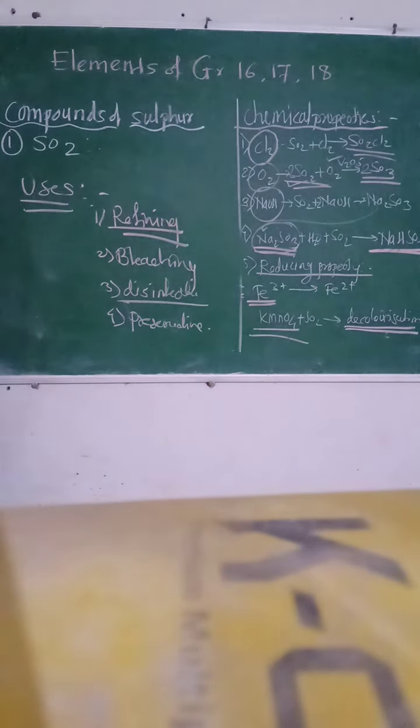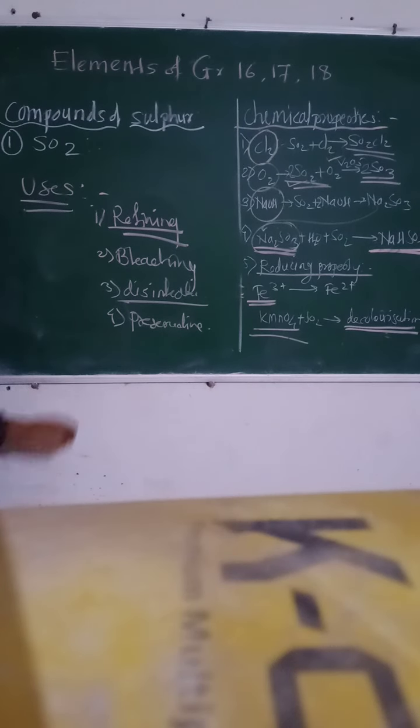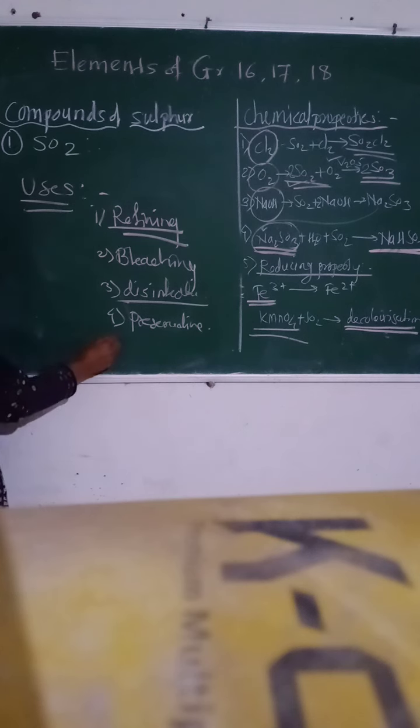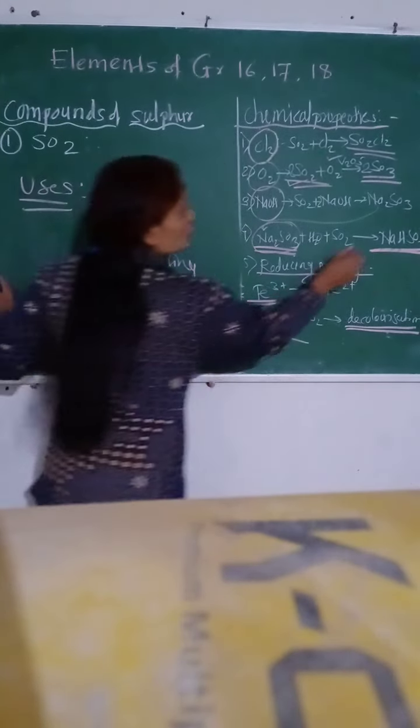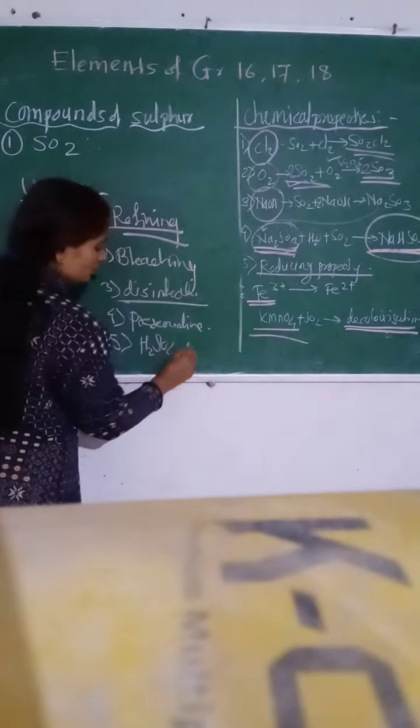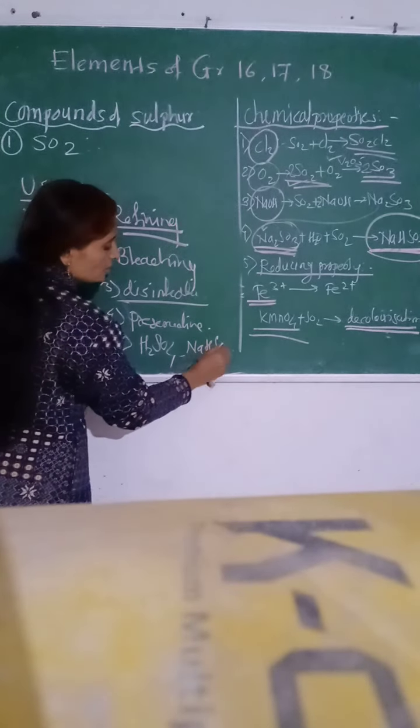Means the uses of sulfur dioxide are in refining of petroleum and sugars, then bleaching of wool and silk, then as a disinfectant in anti-chlor, then as a preservative, and also in manufacture of H2SO4 or sodium hydrogen sulfide.